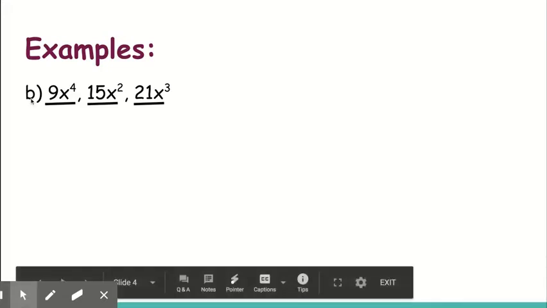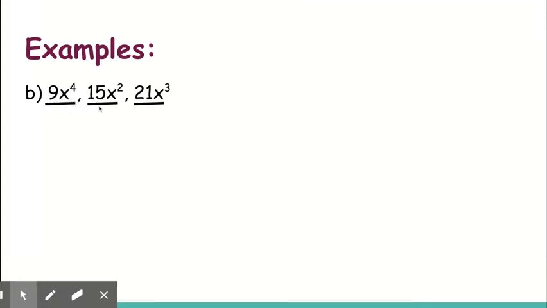Well, 9 divides by 9, but we can't divide 15 by 9, and we can't divide 21 by 9. So the greatest common factor, so if 9's not going to divide, the next one is 3. And we could see that 3 divides each one of these.